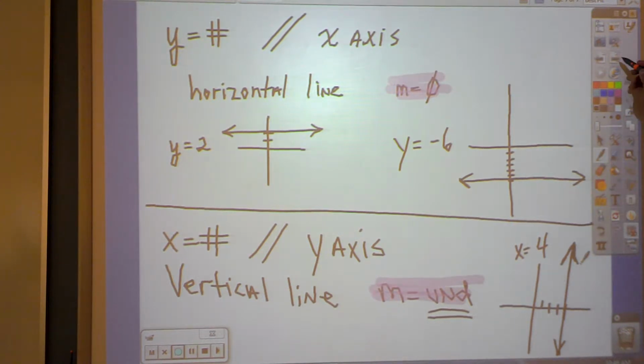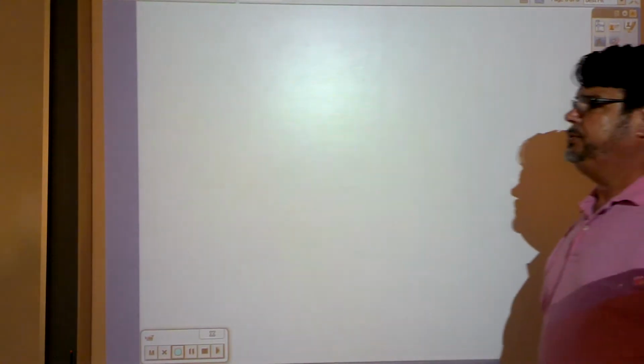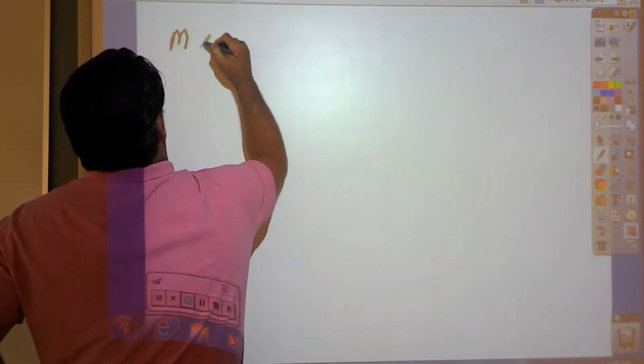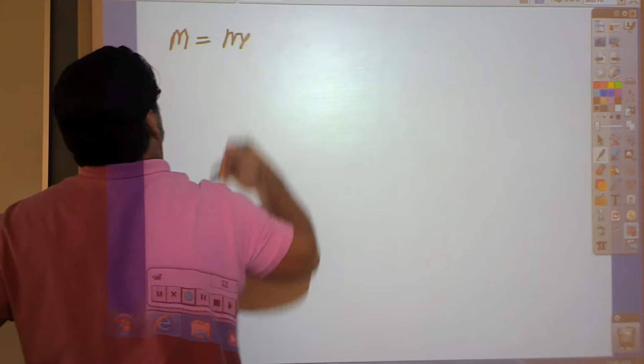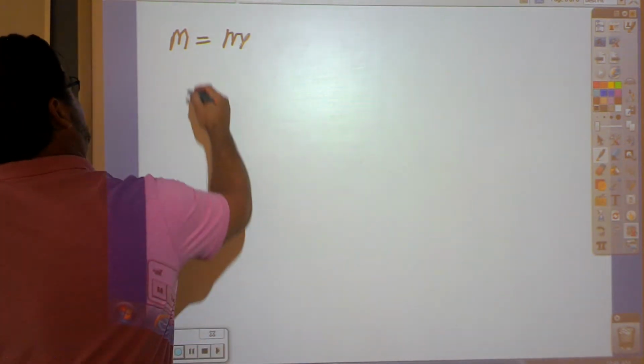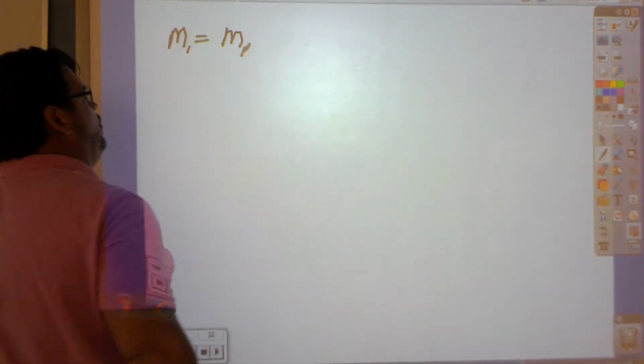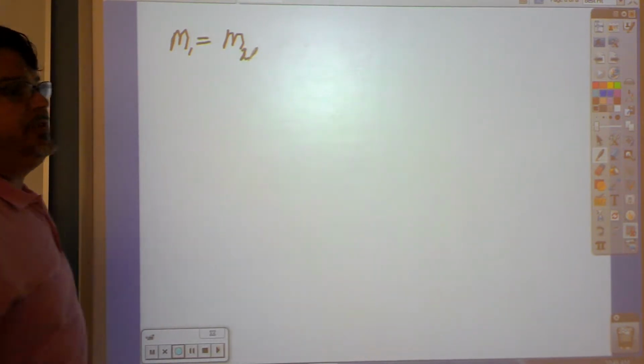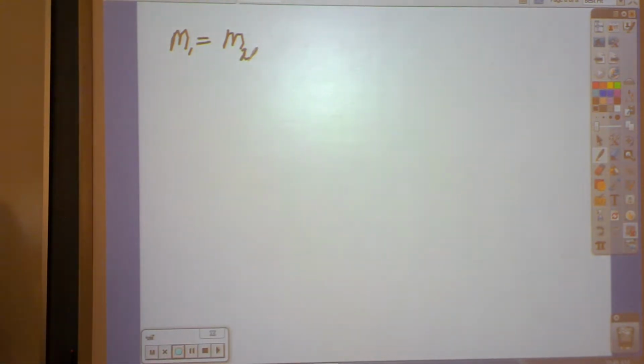And you need to know one more rule before we get to, and that is when the slopes are equal, if you have 2 equations and you solve for y, and the slope of one is equal to the slope of the other, you have parallel lines.